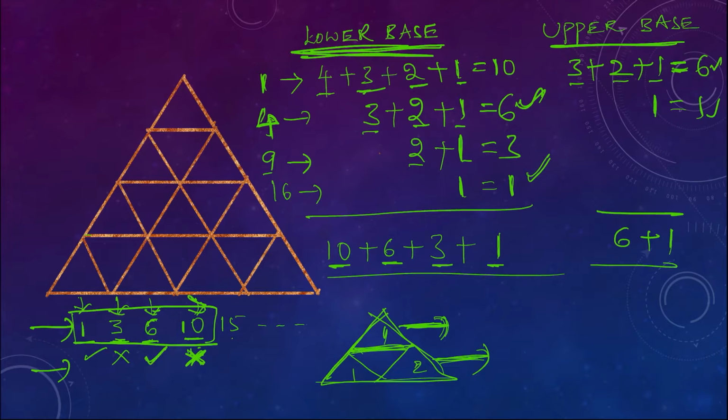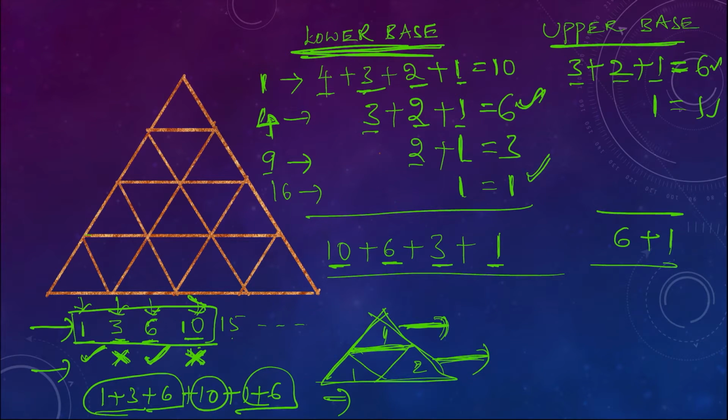So leave 10 and then consider 6, leave 3 and then consider 1. So what you have to do? 1 plus 3 plus 6 plus 10 plus again 1 plus 6. So total how many? 1 plus 6 plus 6, 10. So 20, 20 plus 7, 27. Total 27 triangles are there.